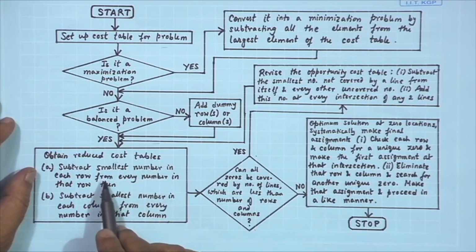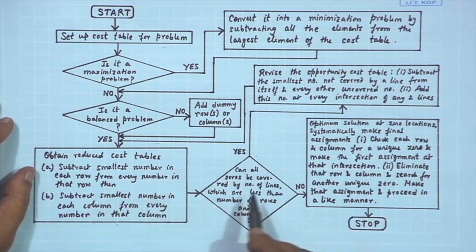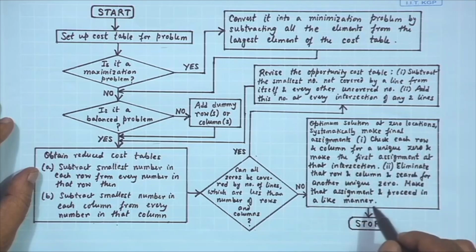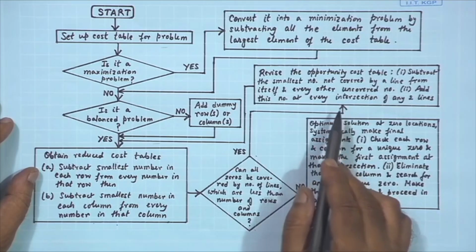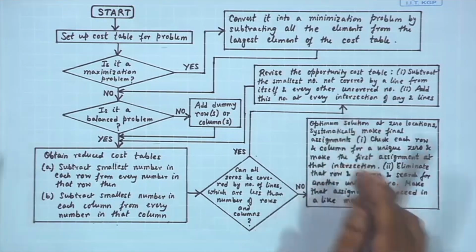Here, this is important: subtract the smallest number in each row from every number in the row to get the reduced cost table, and subtract the smallest number in each column from every number in that column. I will explain it by one example. Then we check whether all zeros can be covered by a number of lines less than the number of rows. If not, then the optimum solution is at the zero locations where we have assigned, and we stop. Otherwise, we have to revise the opportunity cost table as we will discuss in the following example.